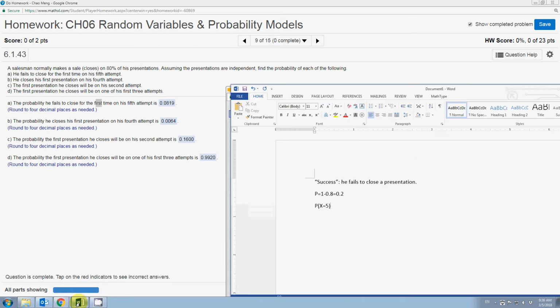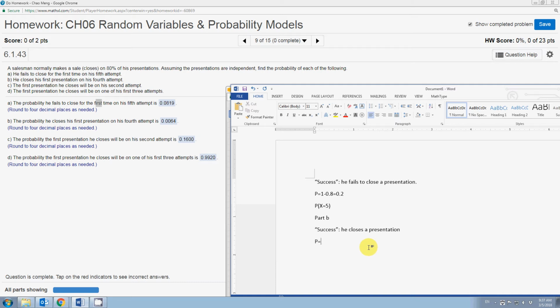What about part B? The probability that he closes his first presentation on his 4th attempt. What is success in this question? Success is the event we are interested in. Here in part B, we are interested in seeing he closes a deal, so he closes a presentation.